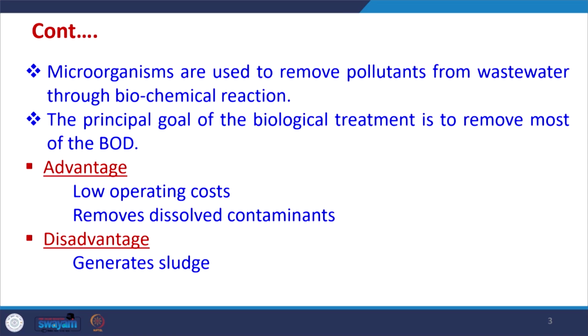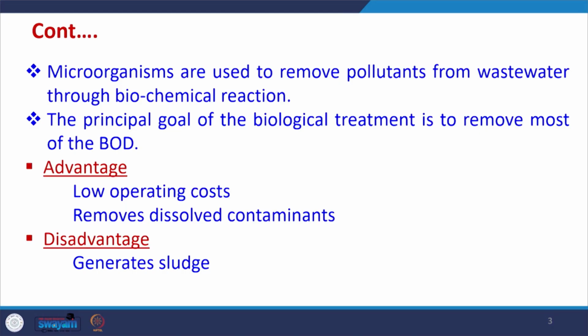Going further, the microorganisms in the biological treatment processes are used to remove pollutants from wastewater through biochemical reactions. That means the microorganism has the inherent characteristic to use this pollutant as substrate. Actually, they use this pollutant as their food, and via their own biochemical reactions inside their body they convert these pollutants into CO2 and H2O, using them as nutrient for their growth.